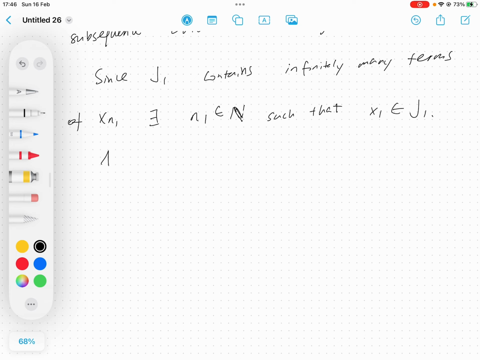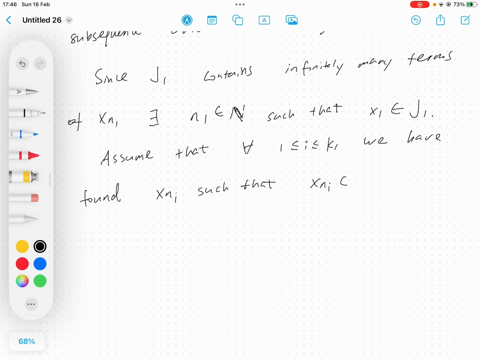And assume that for all i from 1 to some k, we have found x_{ni} such that x_{ni} is an element of Ji.